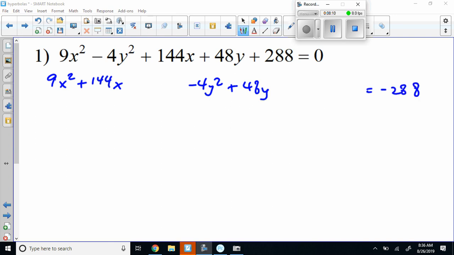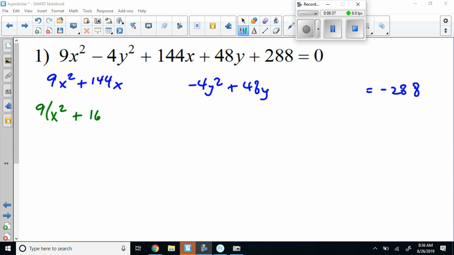Any questions about that? We just grouped them. The next thing we have to do has to deal with factoring, because we cannot complete the square until we have a positive 1 on the coefficient of the squared term. So in this one, I need to pull out a 9. That's x squared plus, how many times will 9 go into 144? 16.